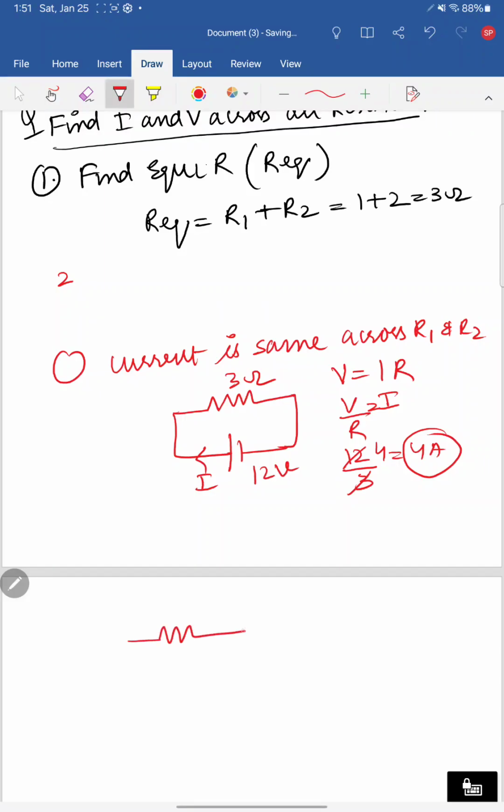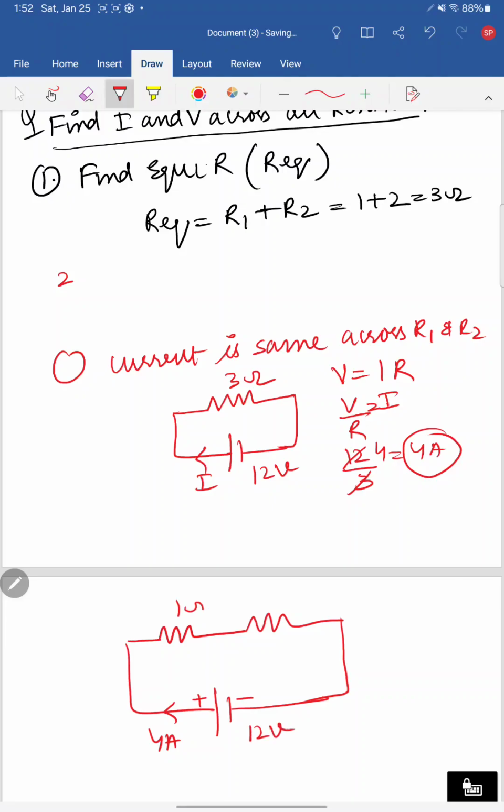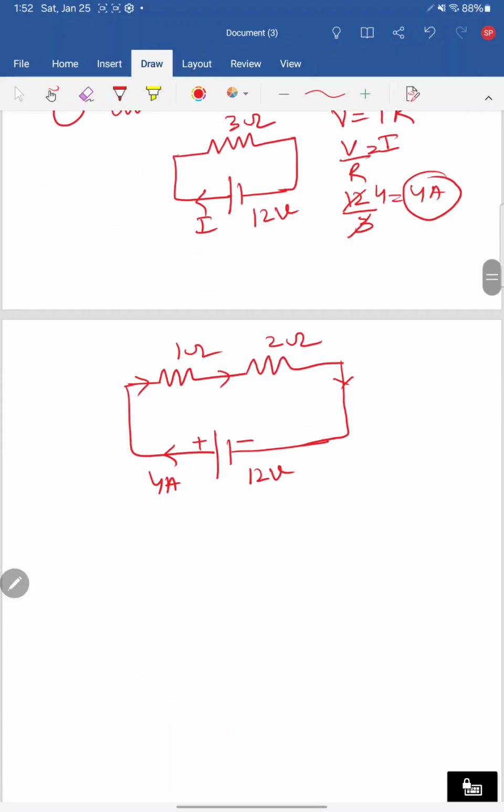So now I'll draw the same circuit back again because I got the value of total current. This current coming out from here is 4 ampere. This was 12 volt. This is 1 ohm. This is 2 ohm, and the entire current is 4 ampere. Right. Now we can calculate the value of V1 and V2 voltages.